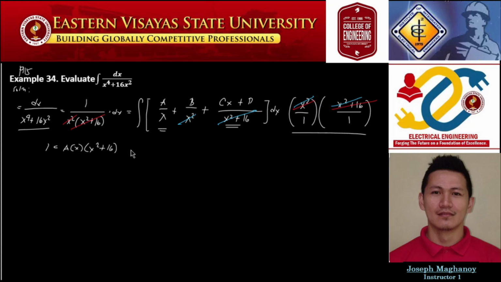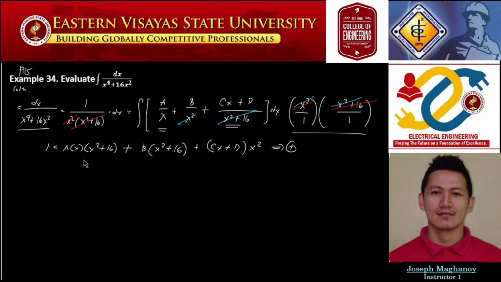For our b, if you multiply with x squared, the remaining is x squared plus 16. For our cx plus d, if you multiply, we have only our x squared. Okay, we have now our equation.